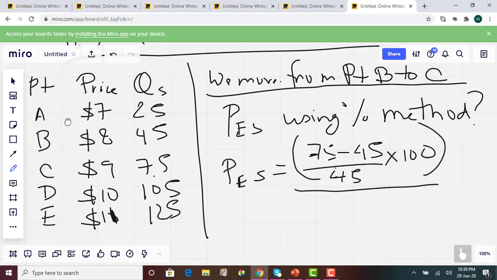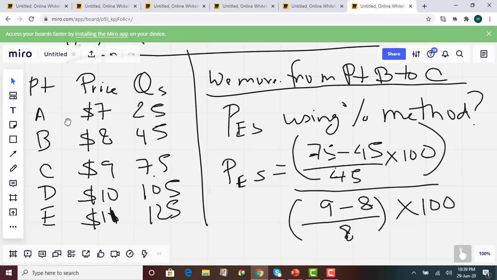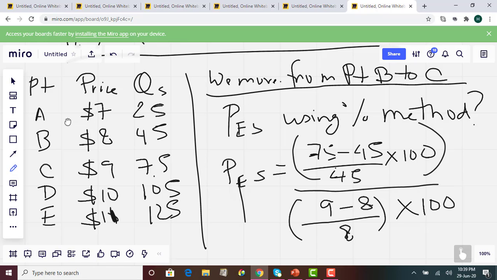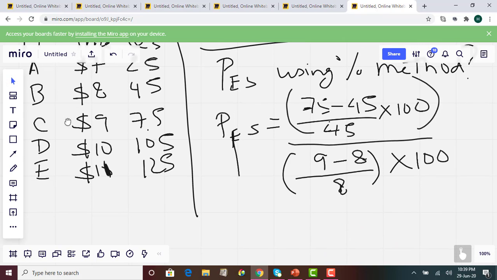divided by 9 minus 8 divided by 8 times 100. So what we end up with, if you calculate using a calculator, let me use the calculator to see what it is.